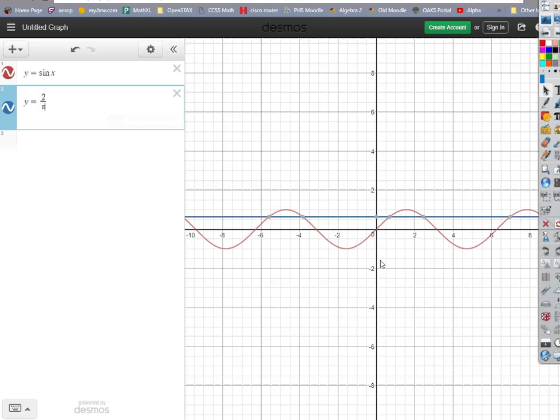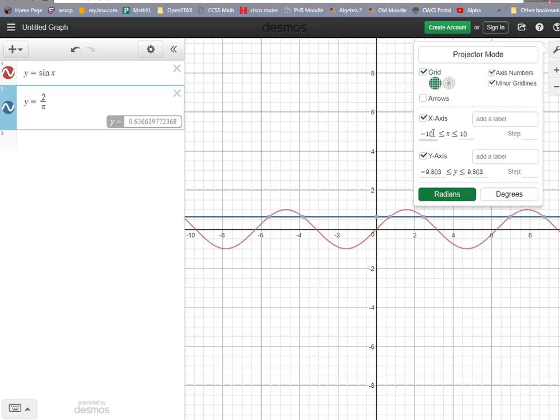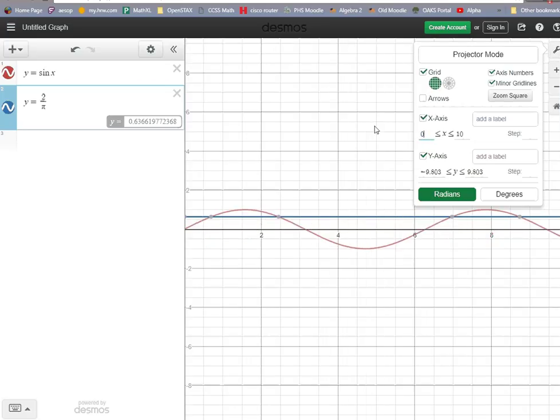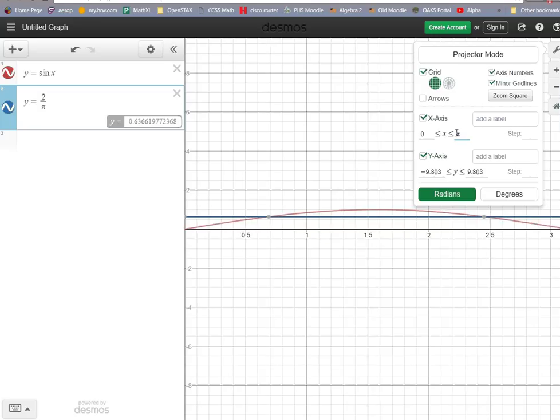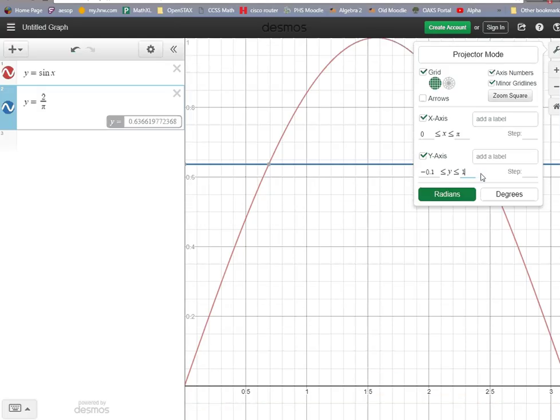To make this convenient, we'll go to the graph settings, and we'll let x run from 0 up to pi, and y will go from -0.1 to 1, just so we can see this a little better.